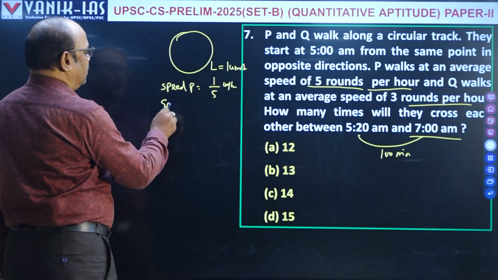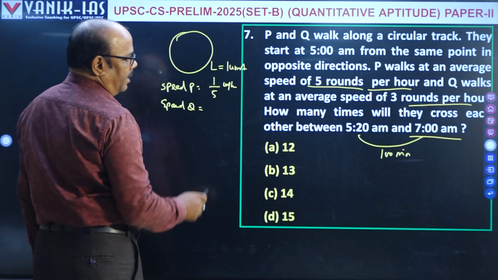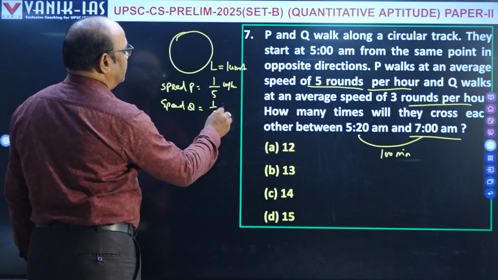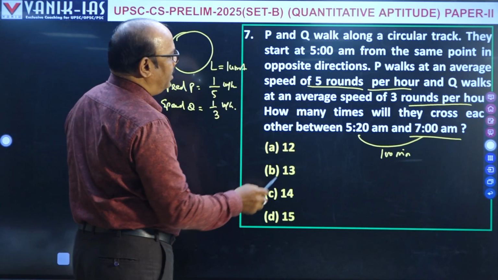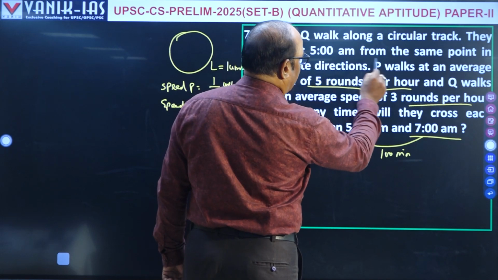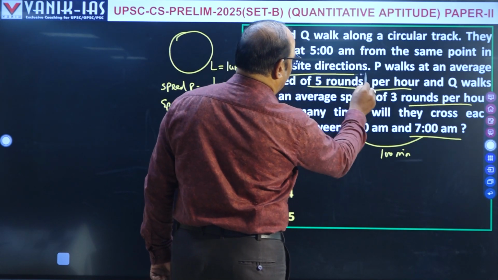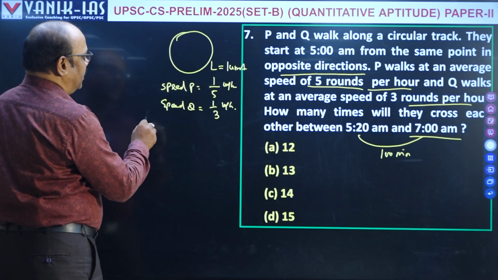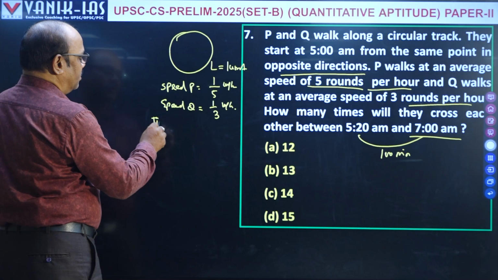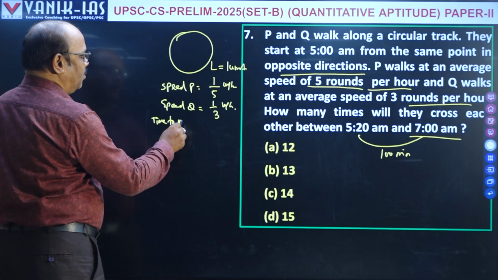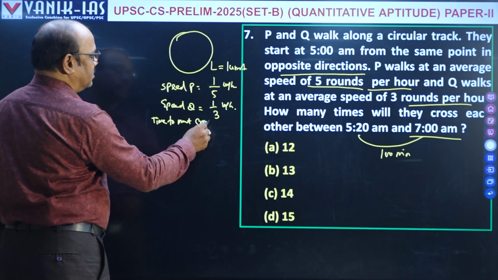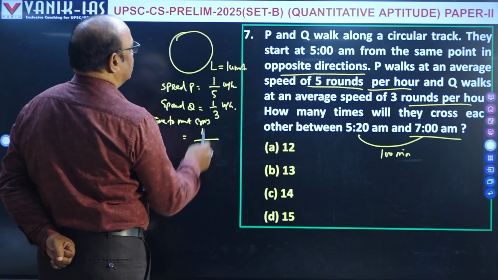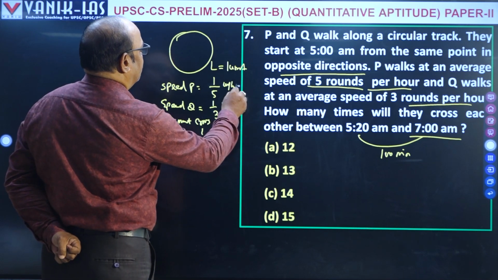Similarly, the speed of person Q is 3 rounds per hour, so 1 by 3. Both are moving in opposite directions, starting from the same point. That means the relative speed will be the addition of their speeds. So the time to meet or cross is equal to the distance, 1 unit, by the relative speed.